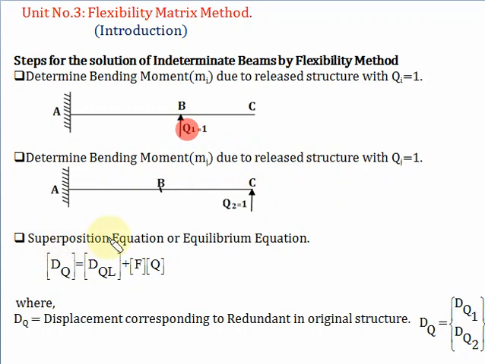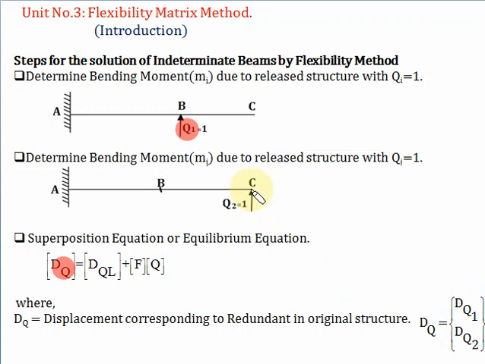Then you have to apply the superposition equation or equilibrium equation, that is DQ equal to DQL plus F into Q. So DQ is nothing but the displacement corresponding to the redundant in the original structure. Now this DQ will come into the picture when, suppose our first unknown is the vertical reaction at B. So at support B, if there is a spring support or if the sinking of support is given at B, then this DQ1 will come into the picture.